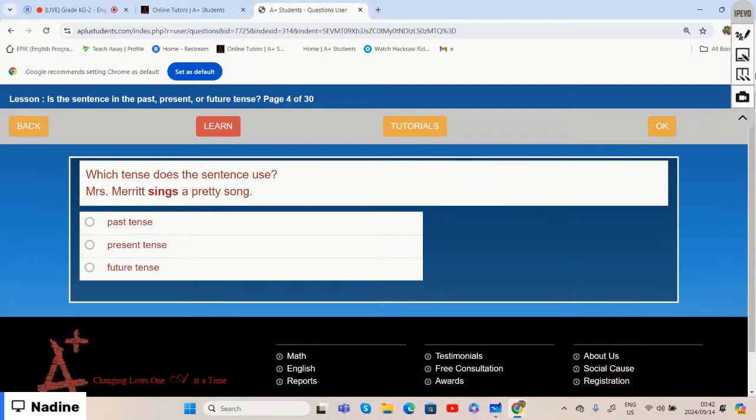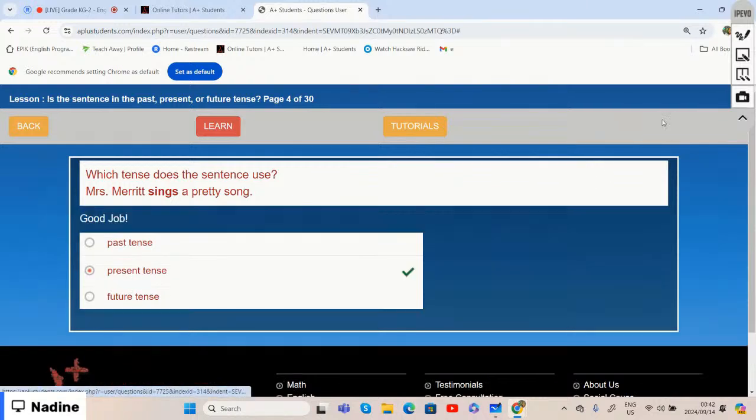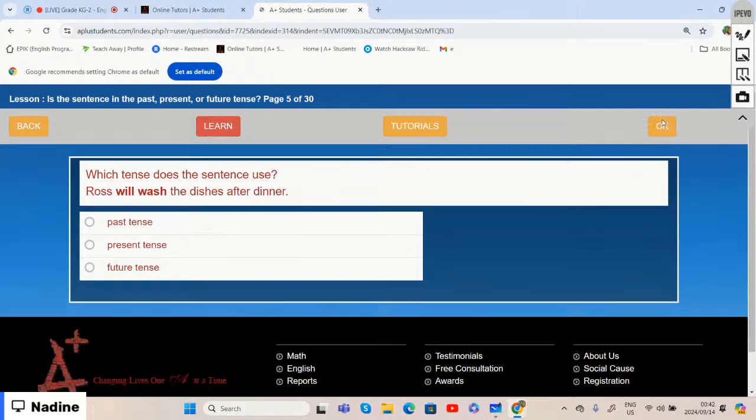Is it option one, past tense, option two, present tense, or option three, future tense? And if we were to choose the correct one, then yes, present tense is correct. Well done. That is the present tense. It's something that Mrs. Merritt does now. She sings now.